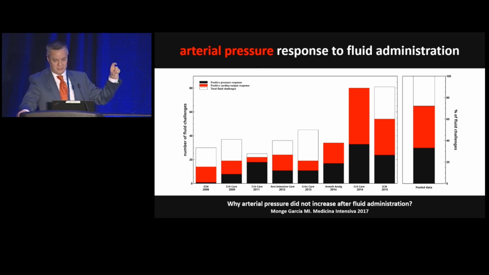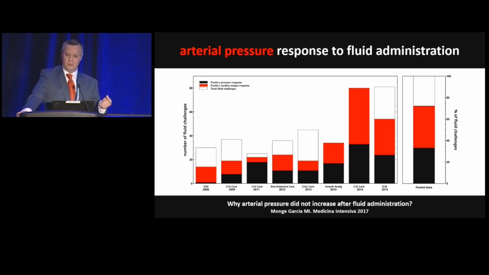And in the black part of the box, you will see the positive pressure response. These patients are able to increase cardiac output, but are also able to increase the blood pressure. You can see that the positive response in cardiac output is often 50%, but even in those patients that can increase the cardiac output, the positive response in blood pressure is also 50%.